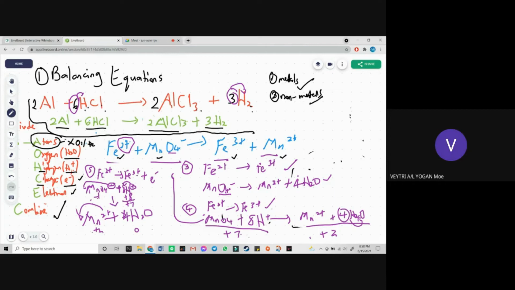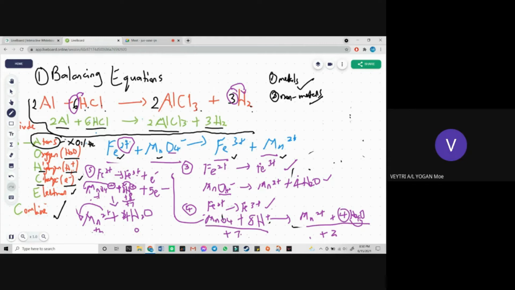So, you gotta think how positive 7 gotta go to positive 2. So, what you gotta do? Positive 7 plus 5 electrons. Is it logic? Yep. Positive 7 plus negative 5, you'll get positive 2. So, belah kiri, MnO4- plus 8H+ plus 5 electrons, you will get Mn2+ plus 4H2O. Alright, that is the fifth step.